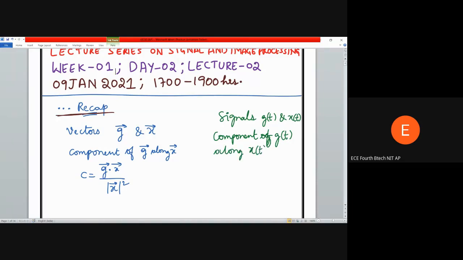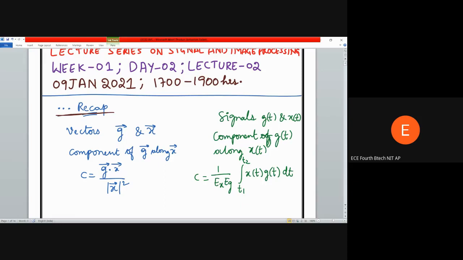And we define it as c is equal to 1 divided by Ex, integral t1 to t2, x of t g of t dt.